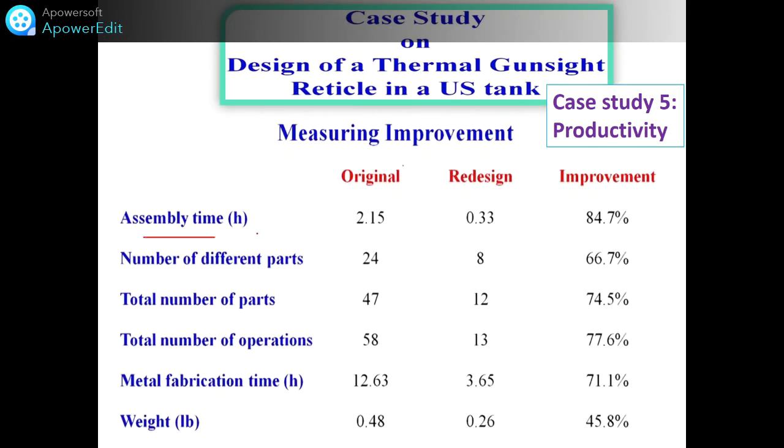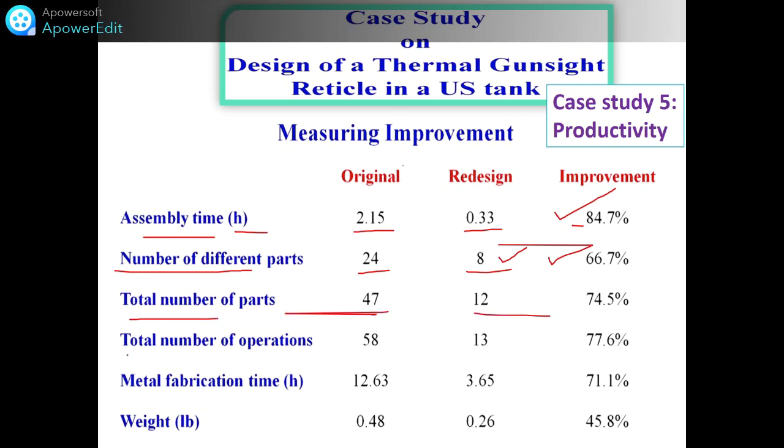The assembly time in hours originally required 2.15, and after redesign required only 0.33. Improvement is 84.7%. Number of different parts was 24 before, and after this reduced to 8. This improvement is 66.7%. The total number of parts also reduced. The number of operations also reduced, which is also an important parameter.